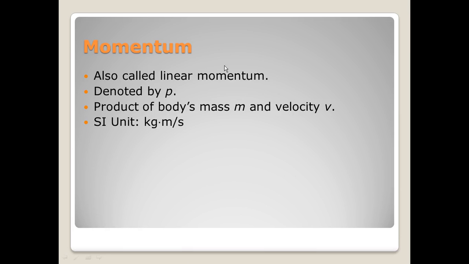Since momentum comes from the product of mass and velocity, with mass in kilograms and velocity in meters per second, the momentum p has the standard SI unit of kilogram meter per second.